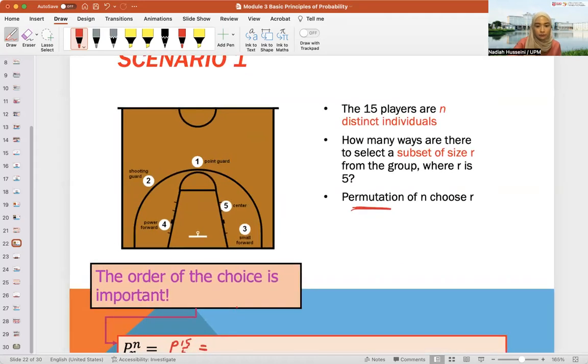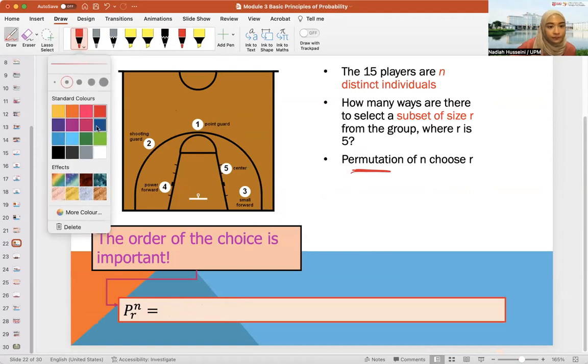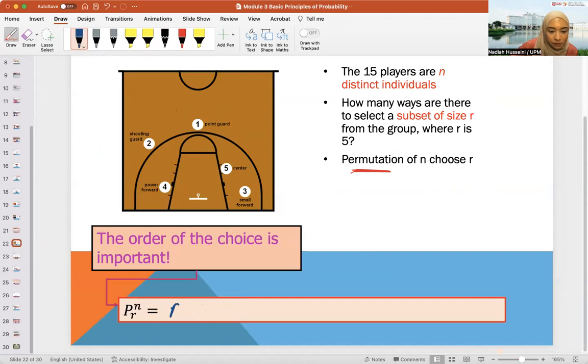So how do I write my equation? Let me make this bigger. And I need to write this nicer. Let me use blue. Okay, P 15, choose 5. So how do I write this in my equation?